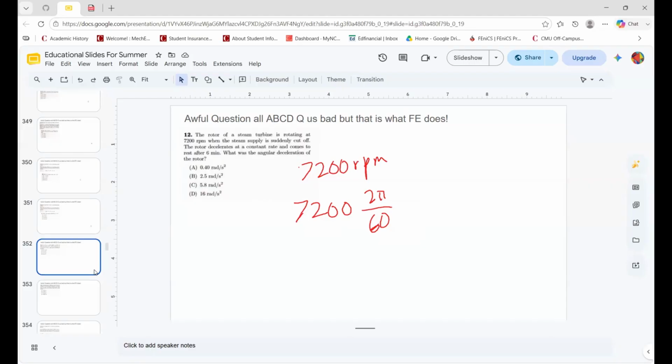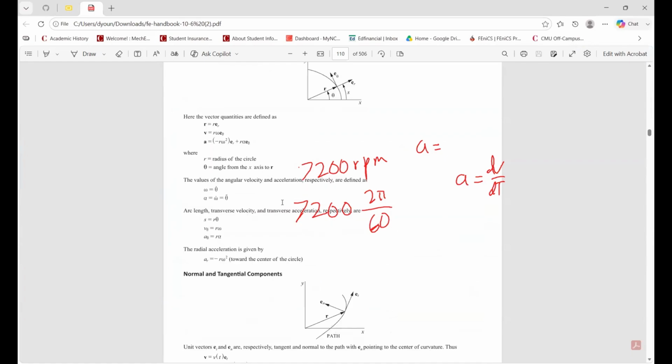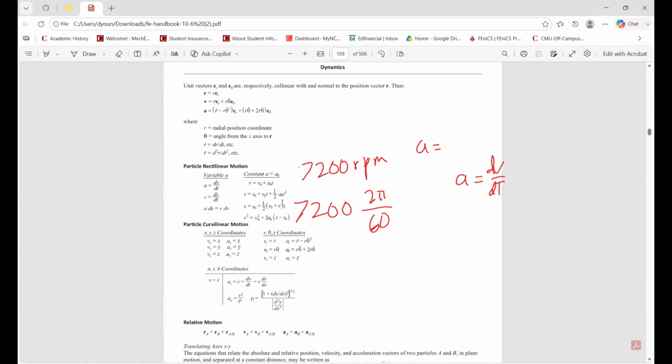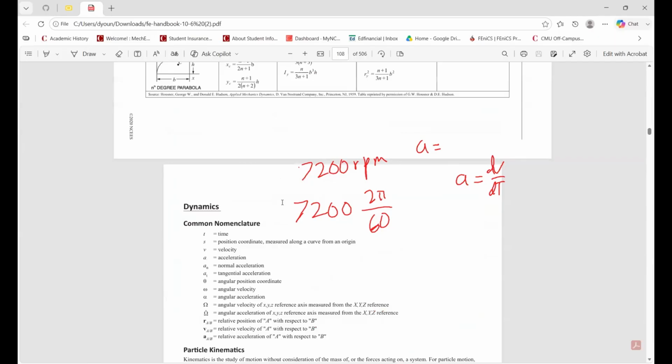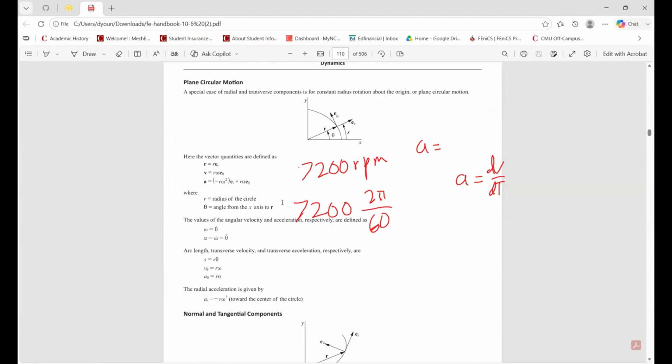So what you need is a equal, I believe, well, what is this? V over time, right? So I forgot, what is this? Let me check. If I go over here, it should tell me generally. It usually does. There's like the omega squared or something for this one that makes life easier. If I can't find it, I will just do it.